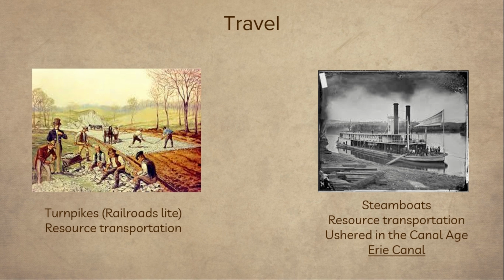But we also have the canal age where we're building a whole lot of canals just for trade. And the most important and huge one was the Erie Canal, often used to just get in and out of the nation so that we can have overseas trade with Britain and France.